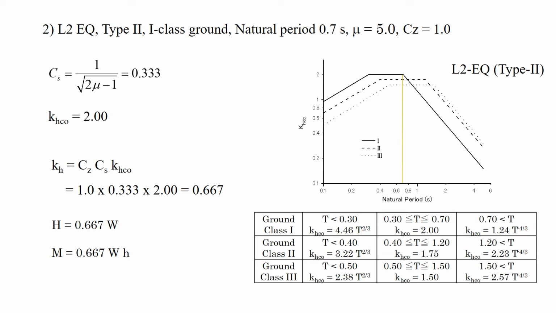For case 2, Cs is calculated by this equation with mu of 5.0 and KHC0 is 2.0, then KH becomes 0.667. Then H is 0.667 W and M is 0.667 WH.